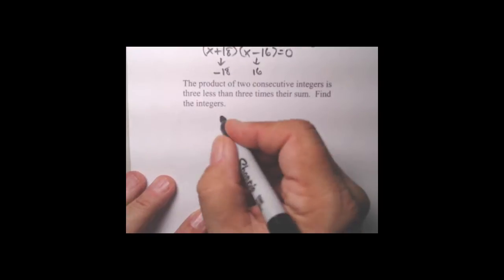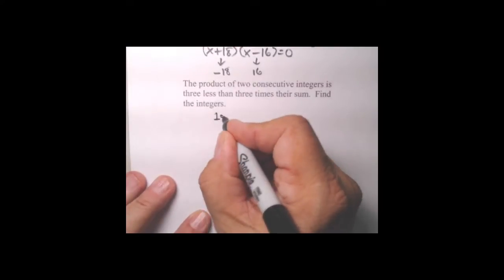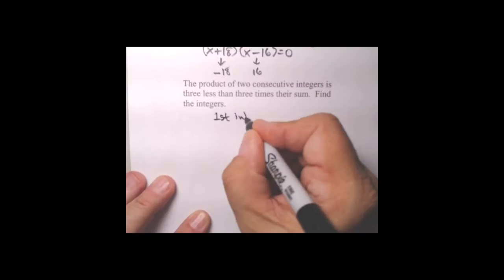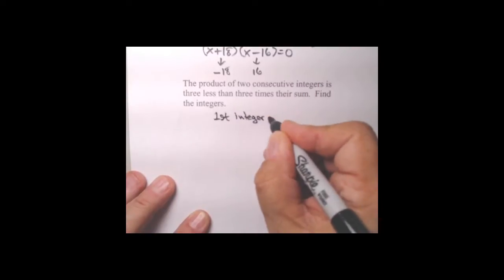Okay, well, let's look at another example down here. Okay, here's a problem where we have the product of two consecutive integers is 3 less than 3 times their sum. Find the integers. Okay, two integers again, so we'll say the first integer, okay, let's use n this time.